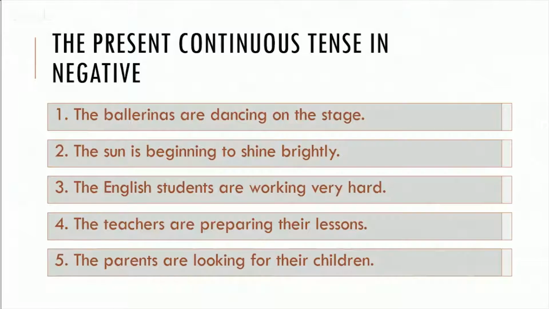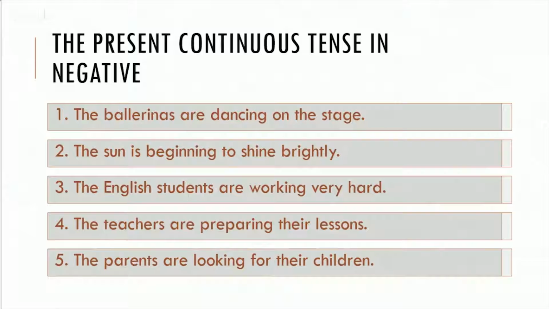So we're going to make all of these negative, right? So how can we make them negative? What can we do to make these 5 sentences that are in the present continuous negative? Well, you know the answer already because we've done it in the past.